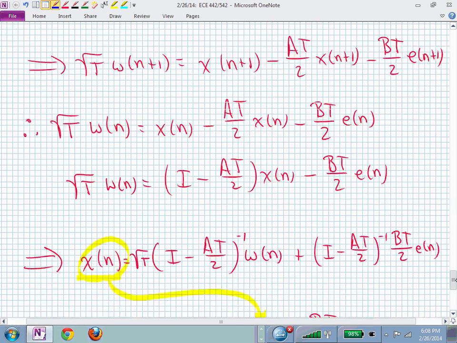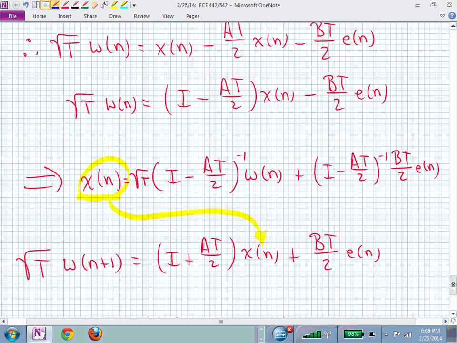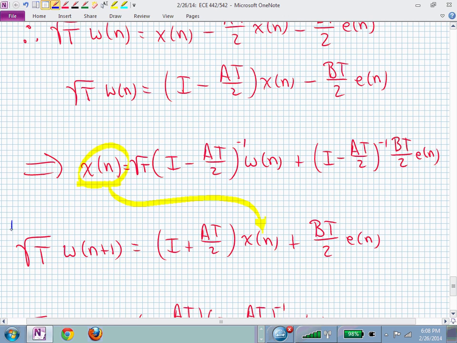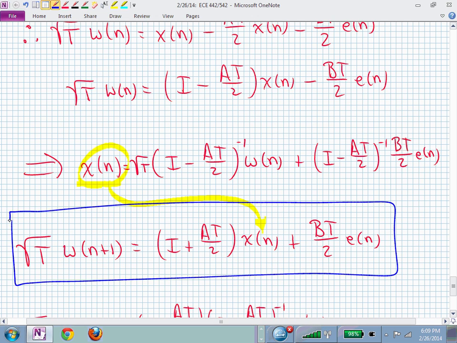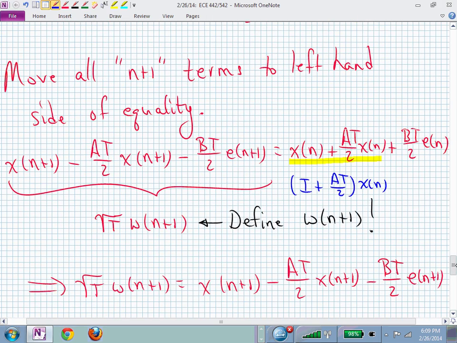Did I write that down here somewhere? Yes, this is that equation that I just indicated was sort of hidden right here. That's this equaling this plus bt over 2 e of n.